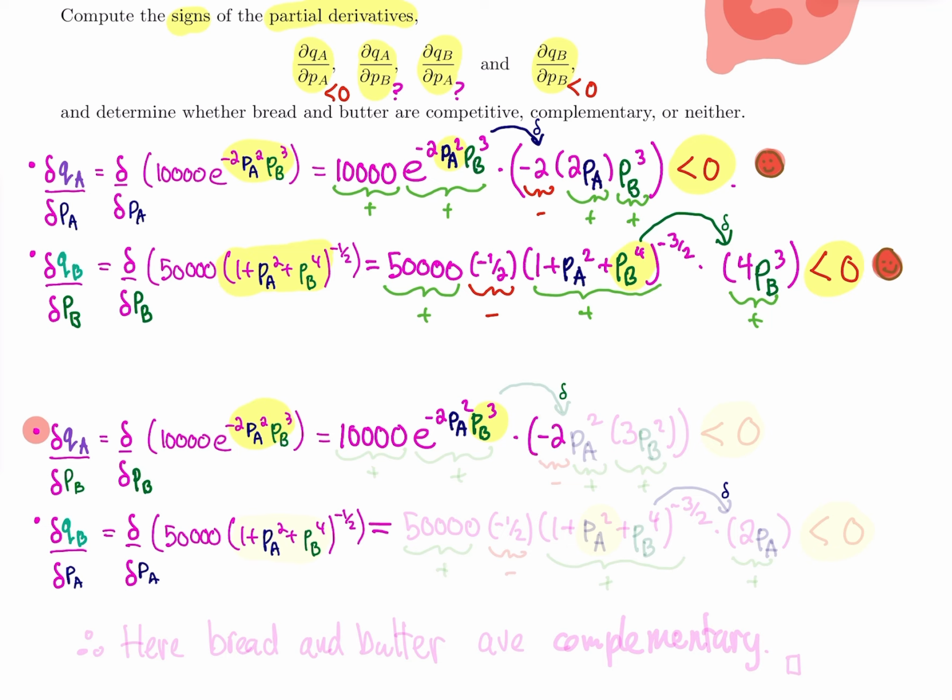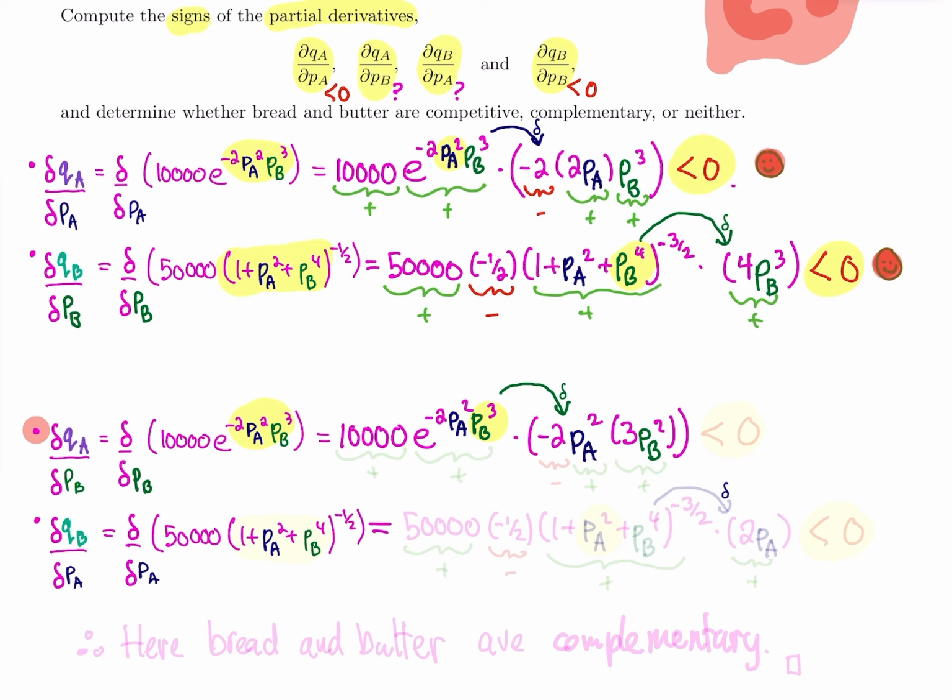So the minus 2 is a coefficient, the PA squared, and now what's the derivative of PB cubed? It's 3 PB squared. And now, remember, this bracket here is my partial derivative of my exponent. I'm doing a chain rule, but I'm doing it with respect to PB now. So it's nice to compare those two partial derivatives just to see the difference between the two things.